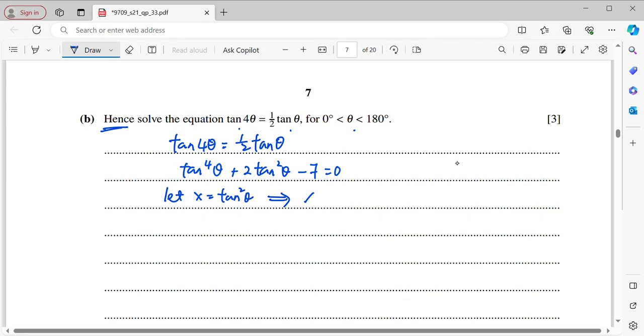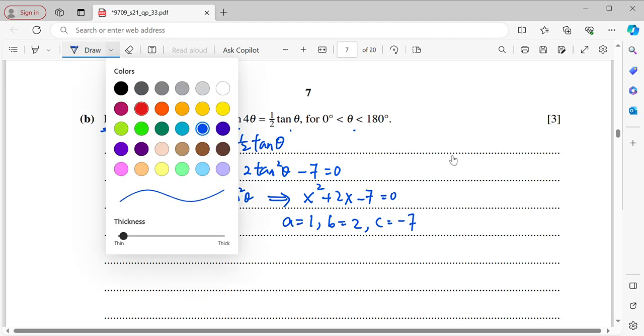That means this is going to be x squared plus 2x minus 7 equals to 0. Okay, and then the coefficients will be 1 for the x squared, and then for the x it will be 2, and then the constant will be minus 7.